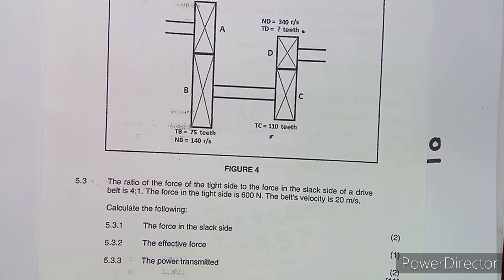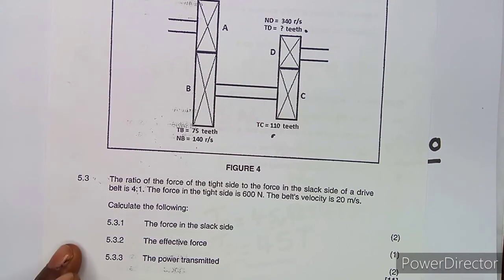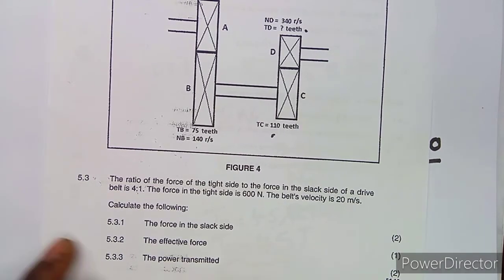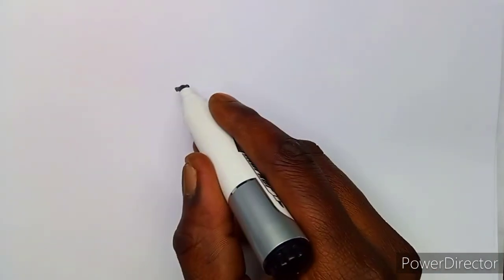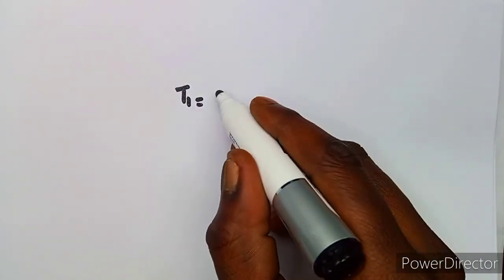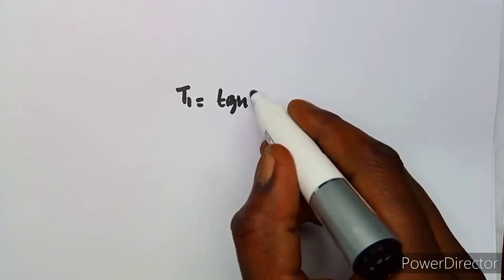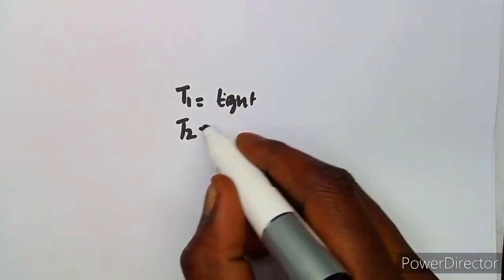In this case we have the tight side and the slack side. Remember that the tight side, from our presentation, is given by T1. On belts, T1 is your tight side, and T2 is your slack.